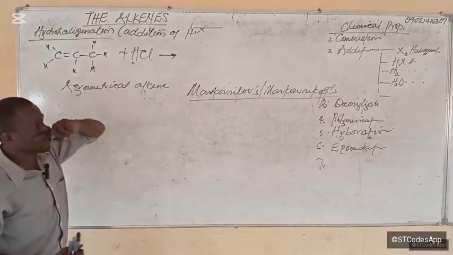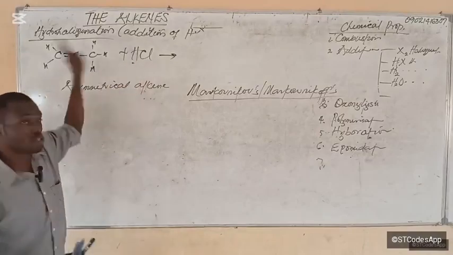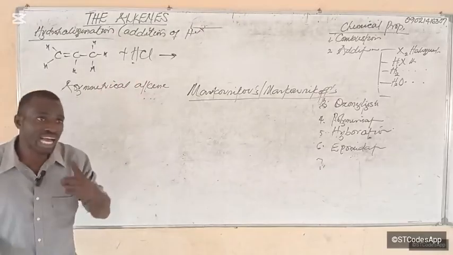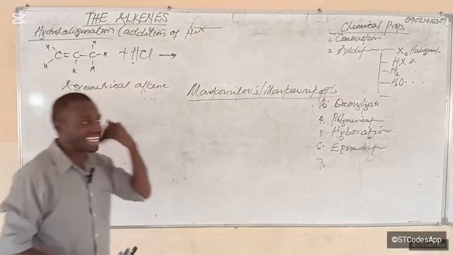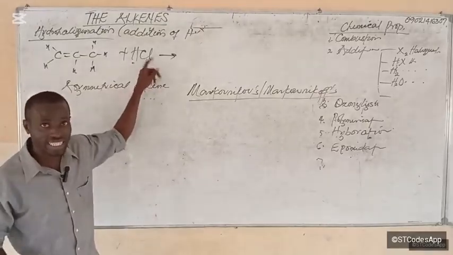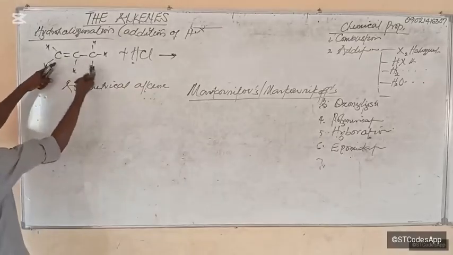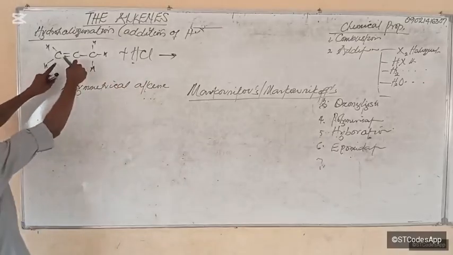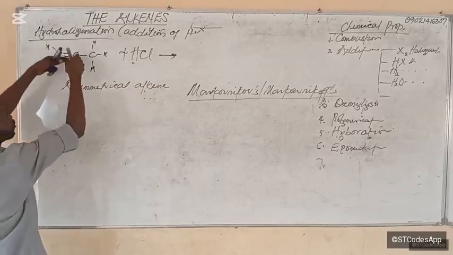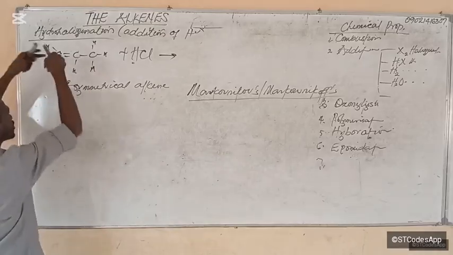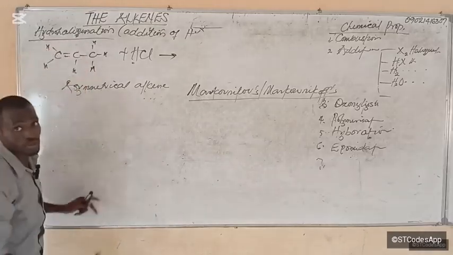Either you say you add the bulky group to the most substituted, or you say you add hydrogen to the carbon that has more hydrogen and add the halide to the one that has less hydrogen. So there are two possible positions for these two now. Either you add hydrogen to this one and chlorine to this one, or add hydrogen to this one and chlorine to this one.